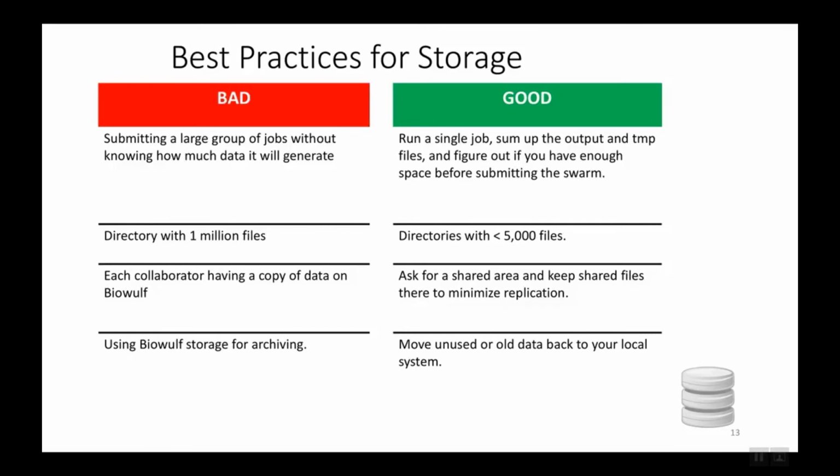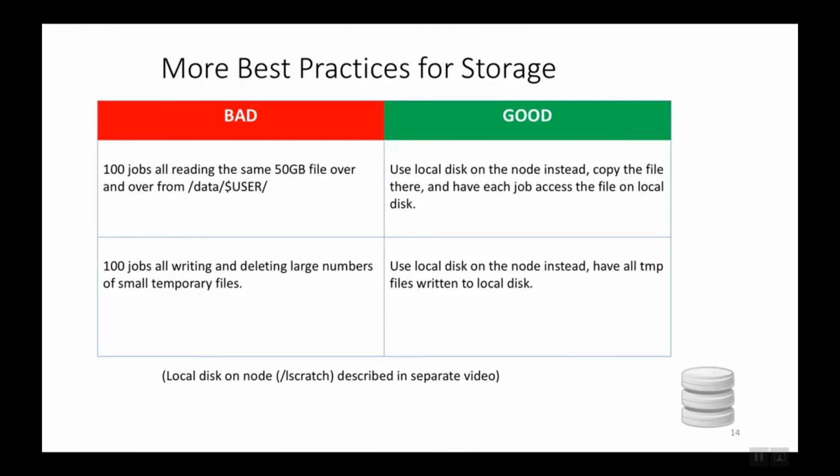The HPC systems have a large amount of space, but even petabytes and petabytes will not last forever if used unwisely, and there are lots of duplication of large data sets. Do not, as I mentioned, use Biowulf storage for archiving. Move unused or old data back to your local system.